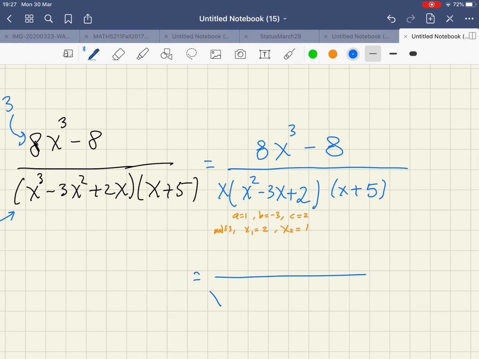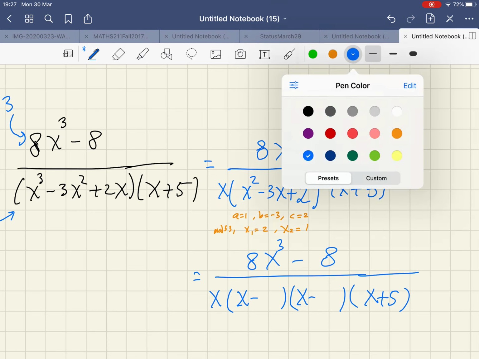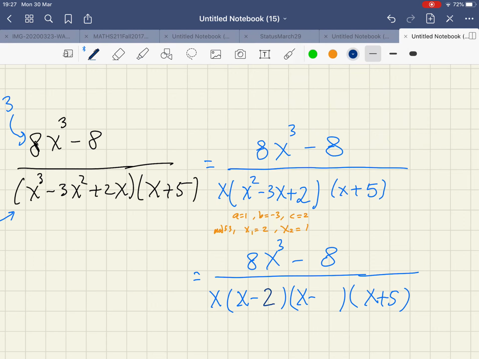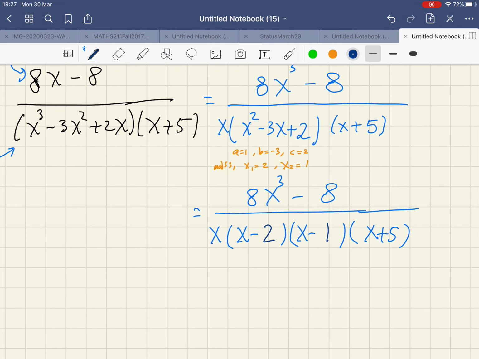which is x plus 5, 8x cubed minus 8. And this will be x minus, and here you need to write x2, and here you need to write x1. So this is x1, this is x2.